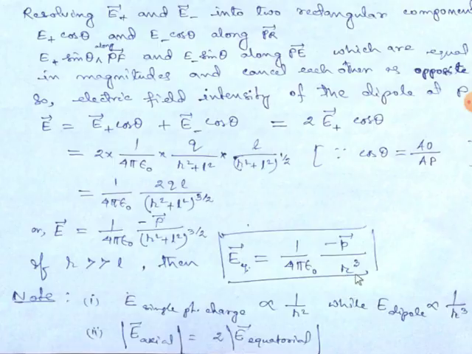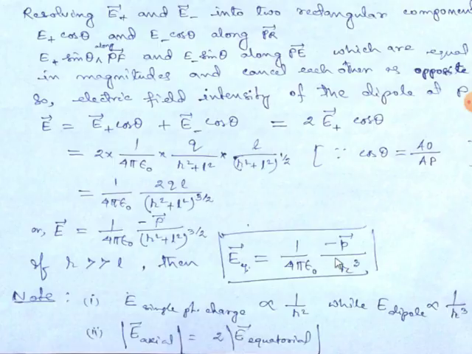And here, see, in this case also the direction is opposite to that of the electric dipole moment. The electric field due to an electric dipole on its equatorial line will be in the direction opposite to that of the electric dipole moment, and the magnitude of E is inversely proportional to the cube of the distance of the point of observation from the middle point of the dipole, right?